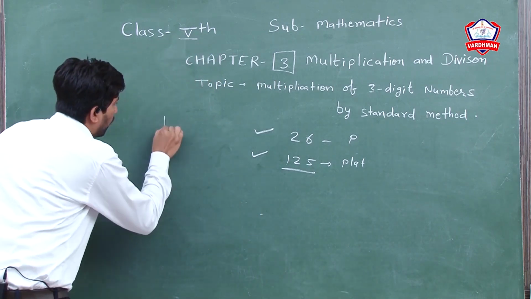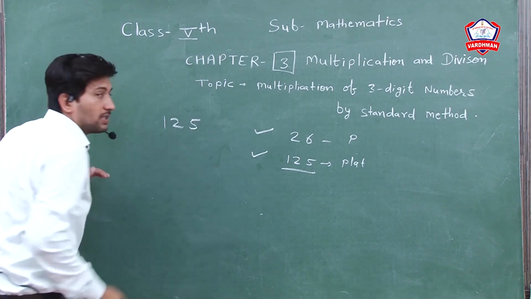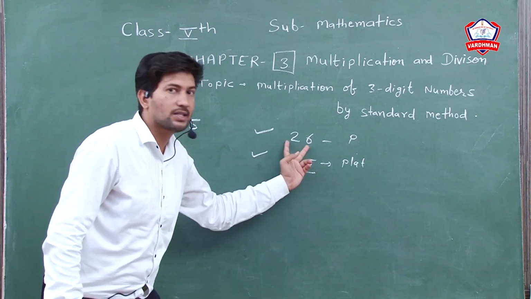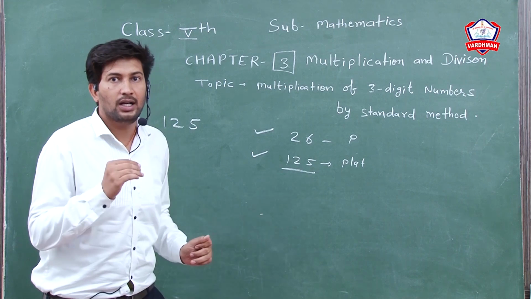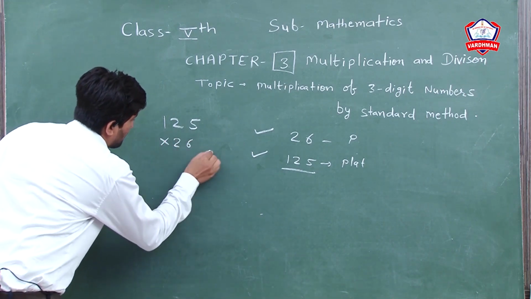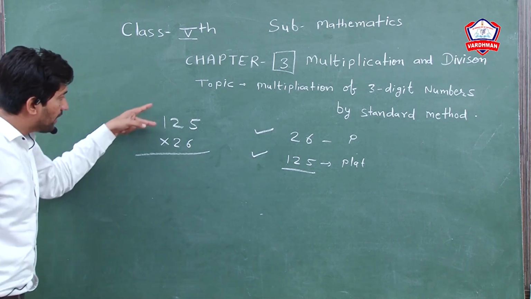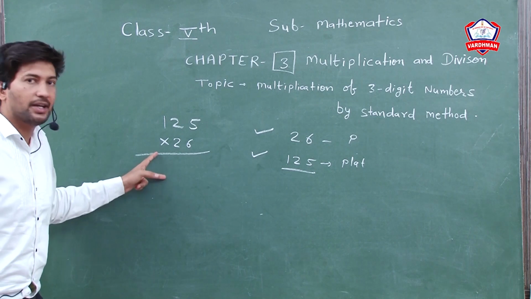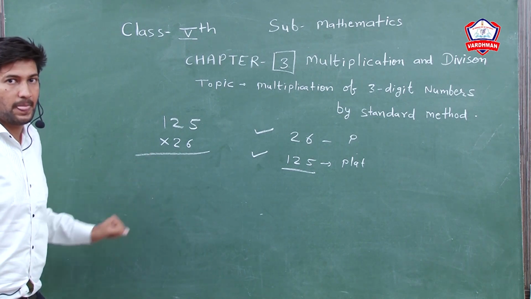Like this, 125 is in the upper part of the multiplication. Now the smaller number is 26. We will take it in the lower part of the multiplication, like 26, and then solve with the standard method of multiplication and find the result.